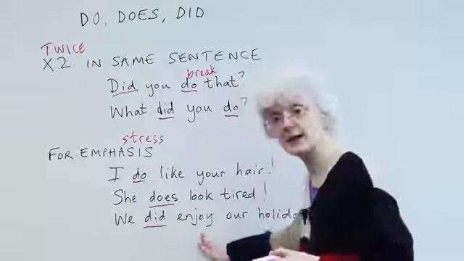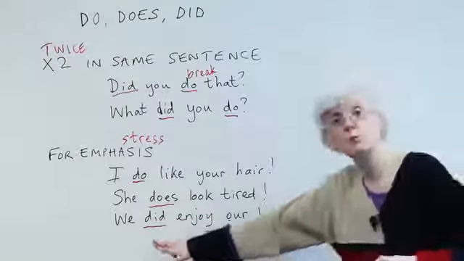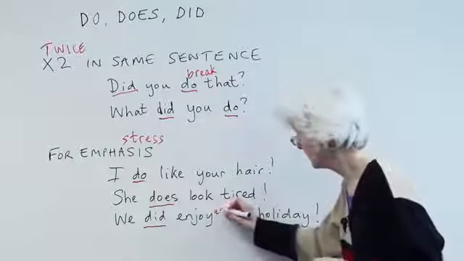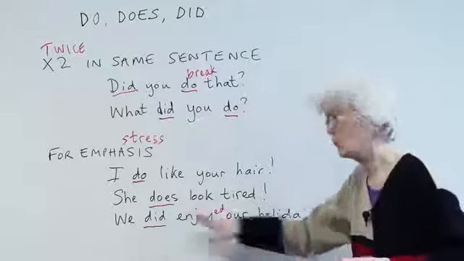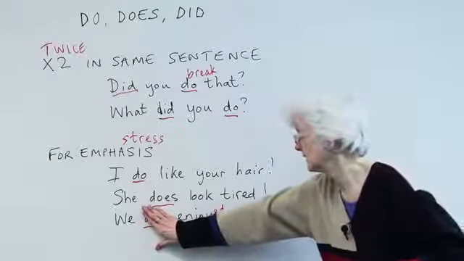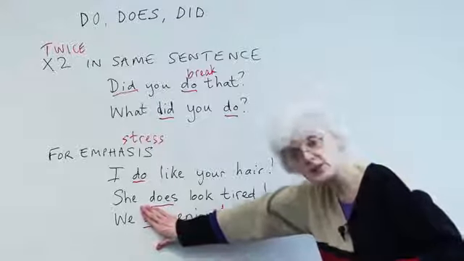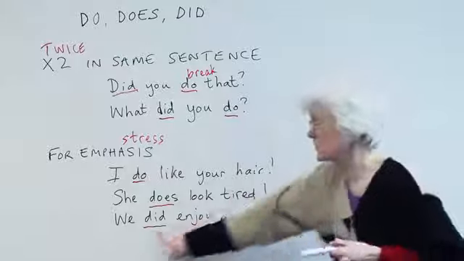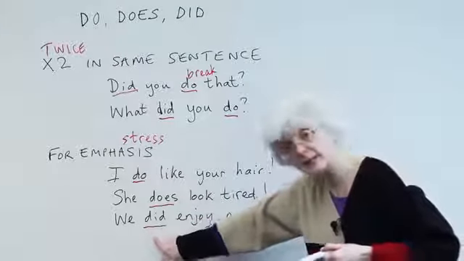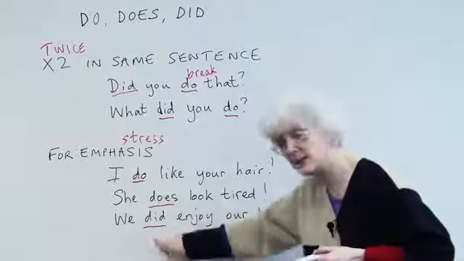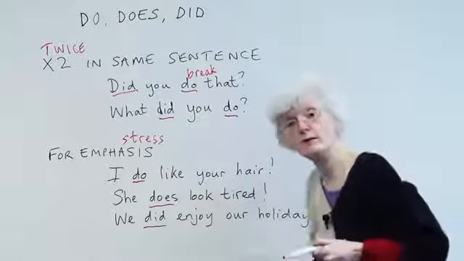And you notice again, if you say we enjoyed our holiday, it's ED. We enjoyed our holiday without the did. But if you say we did enjoy our holiday, because the past tense is in did, so you don't need to put it again here. We did enjoy our holiday.